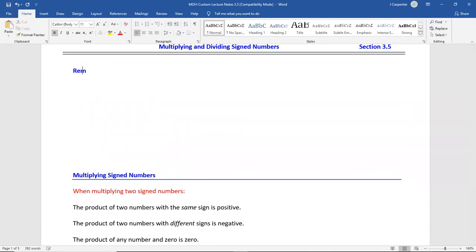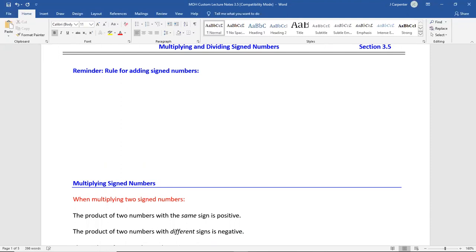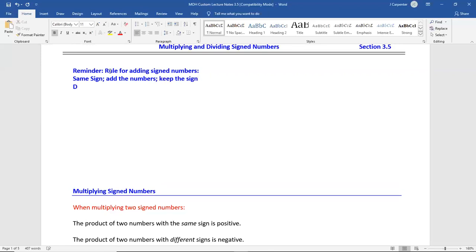As a reminder, the rules for adding signed numbers. If they have the same sign, you add the numbers and you keep the sign. If they have different signs, you will subtract the numbers, larger minus smaller.